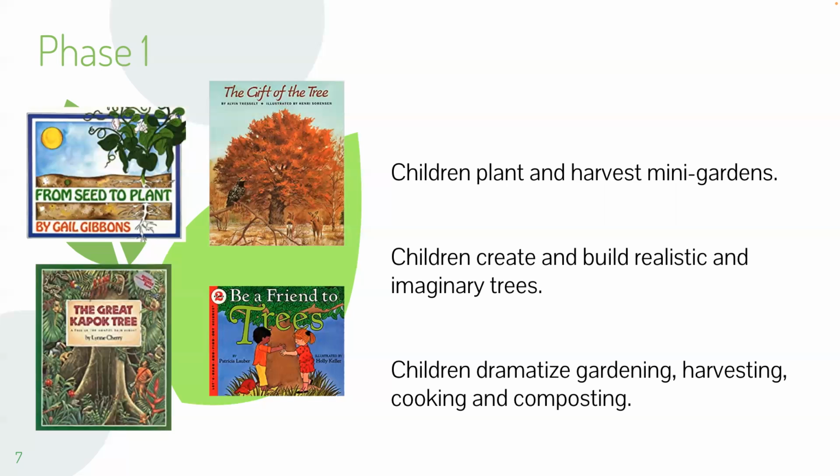And then you will transform and add on a kitchen to the dramatization. And of course, children will be cooking with the vegetables and the fruit that they harvested in drama. And then we're going to be pretending like we're composting. So you will notice that dramatization is different in this unit in that way.